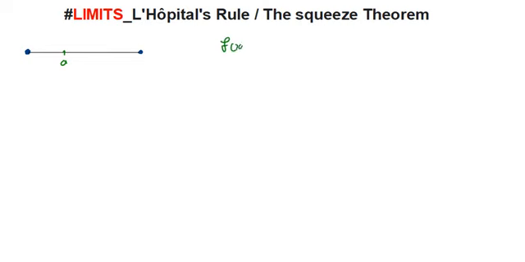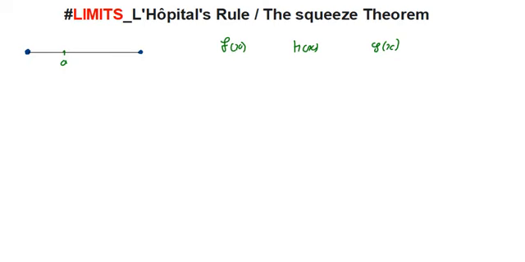Let's say you have f of x, h of x, and then also g of x, and let them be functions defined on that interval. Let me name this interval, what letter can I use?